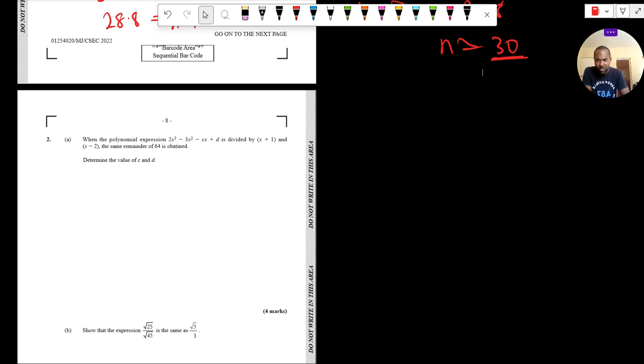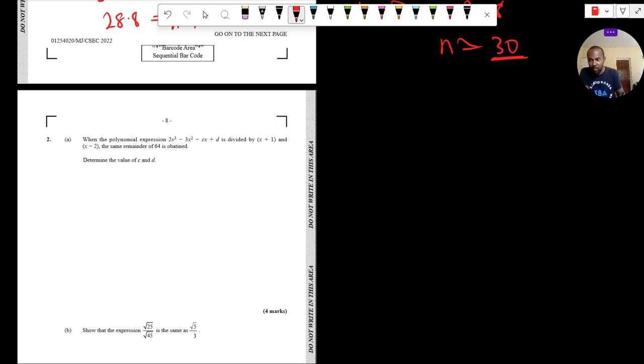So it says when the polynomial expression 2x cubed minus 3x squared minus cx plus d is divided by x plus 1 and x minus 2, the same remainder of 64 is obtained. They actually, there's a little typographical error here in the word obtained, but anyways. So yes, it says determine the value of C and D.